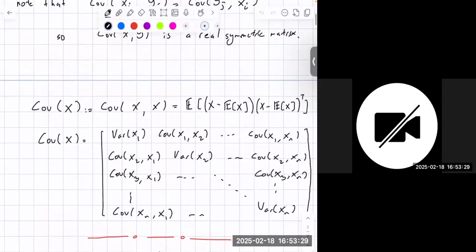Just like we did with one variable, you could also plug in x and x itself. I gave you the definition with x and y. What if I just plug in the same thing twice? Okay, x and x. Then you will literally be talking about correlations between the coordinates of your random vector. I took the first coordinate of my vector, I'll look at the correlation of that guy with the second coordinate.